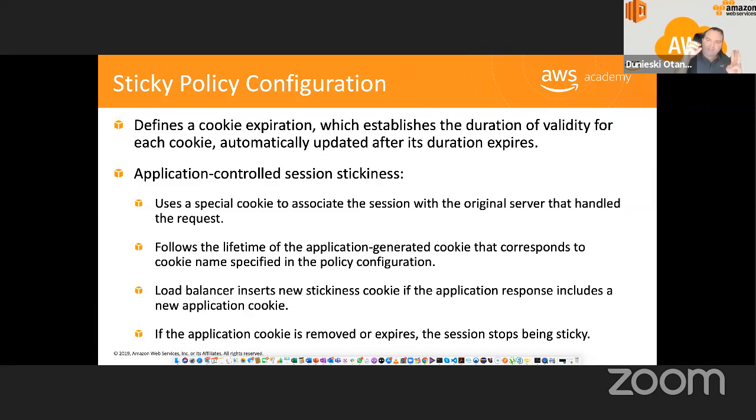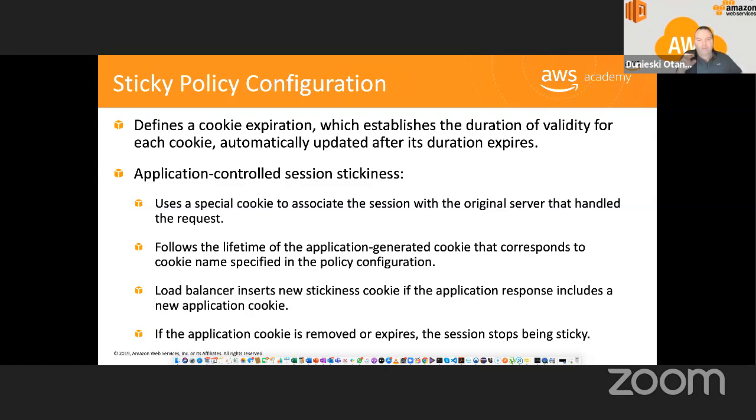Now, stickiness is good because you still bind the user to that one. But the problem is that if that EC2 instance is down, that stickiness feature restricts the scalability, right? Because I am bound to that EC2 instance, and that EC2 instance is gone, so I cannot scale.